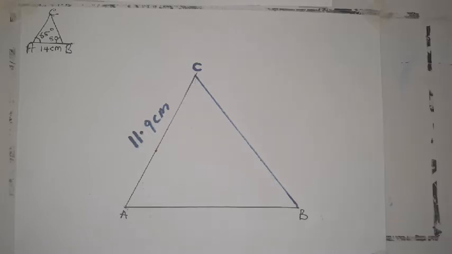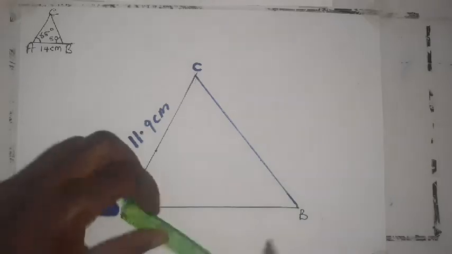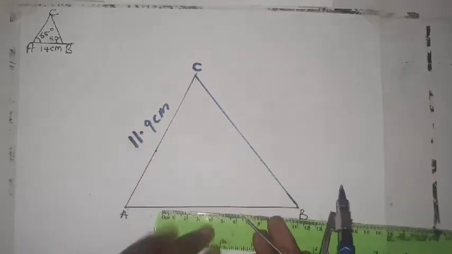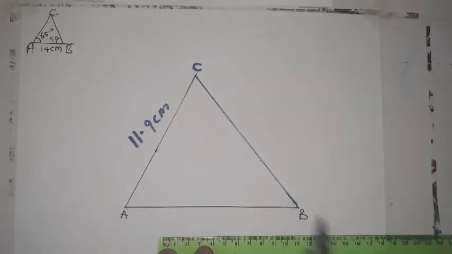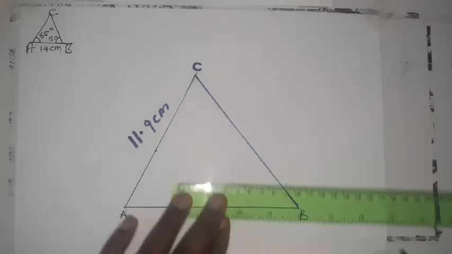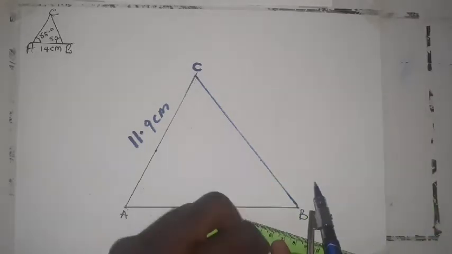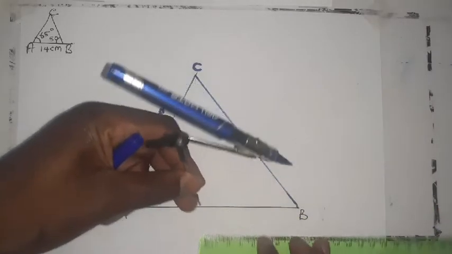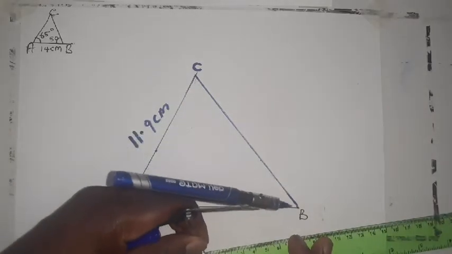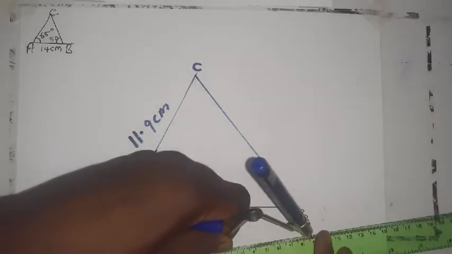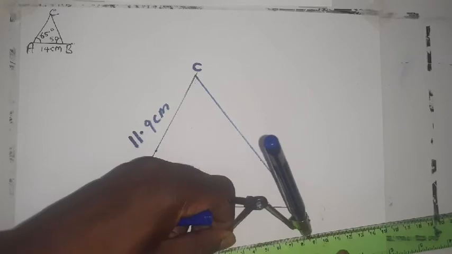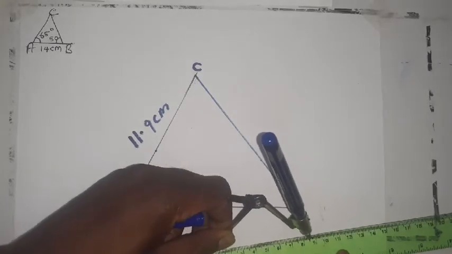However, we are continuing. We are saying 8.5 centimeters from B. So you need to get your 8.5 centimeters from B here. So I'm going to put this one here. We start from 0, then 8.5. 8.5 is here. This is my 8.5.